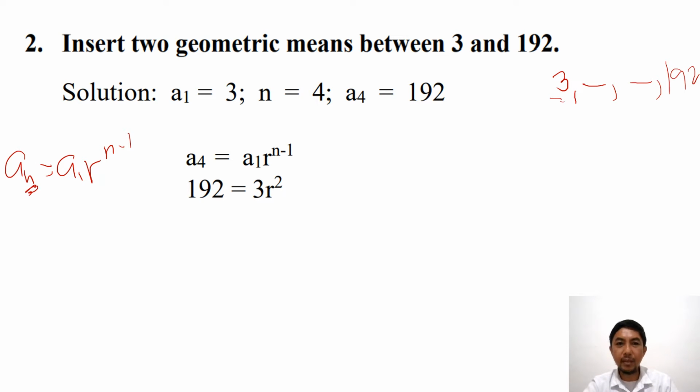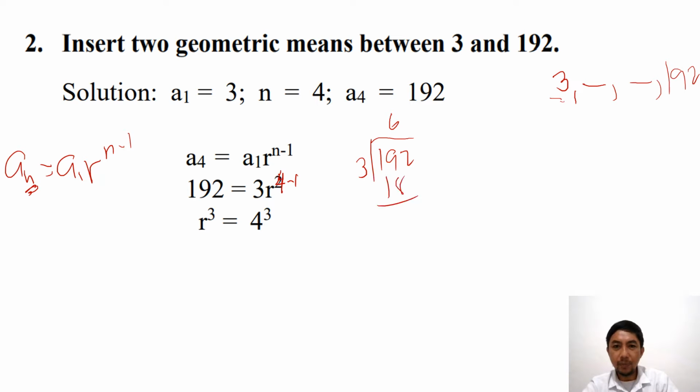So we are given 192 equals 3 times r raised to 4 minus 1. Then we are going to divide 192 by 3. If you have 192 divided by 3, it will give us 64.